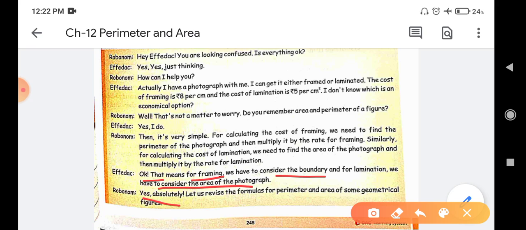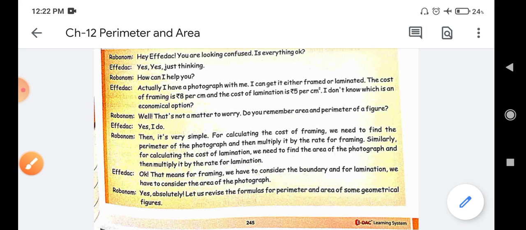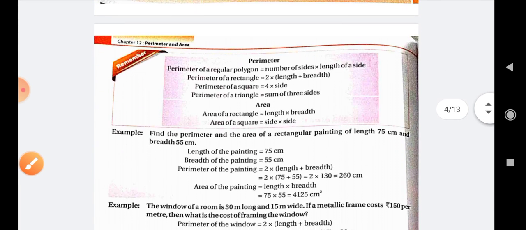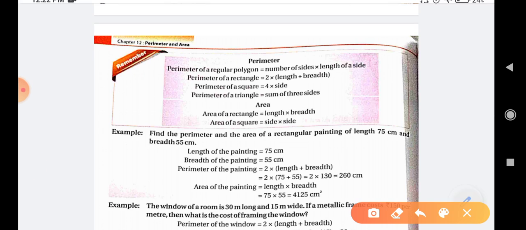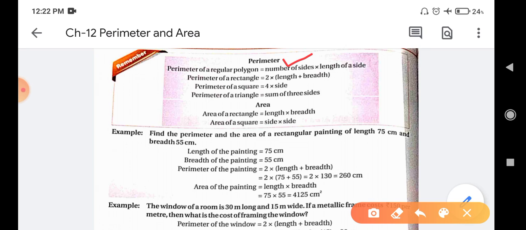Yes, absolutely. Let us revise the formulas for perimeter and area of some geometrical figures that you have already discussed in previous classes. So first is perimeter. Perimeter of a regular polygon is equal to number of sides multiplied by length of a side.